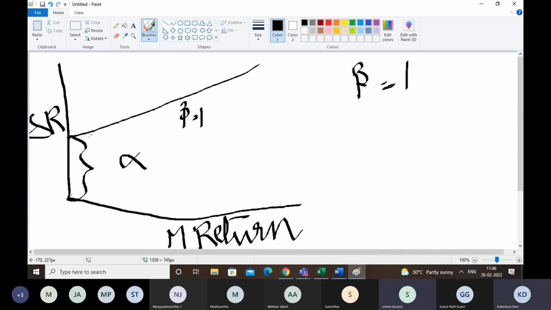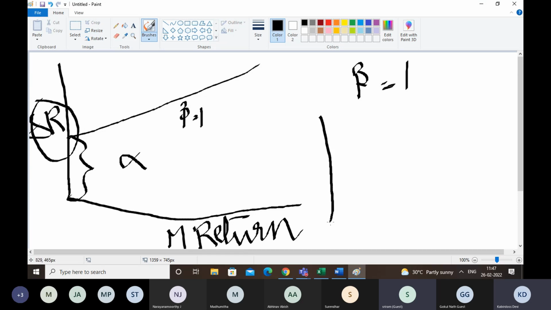So when the market goes up by 1, the stock goes in line with the market. This is where the stock return is in line with the market return, where the intercept point is this.